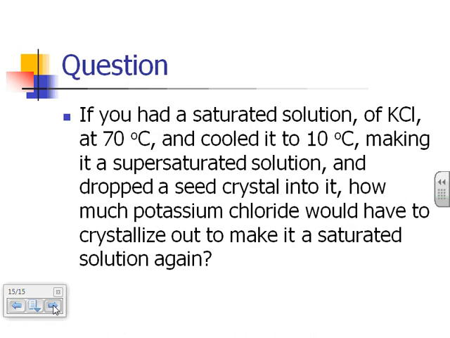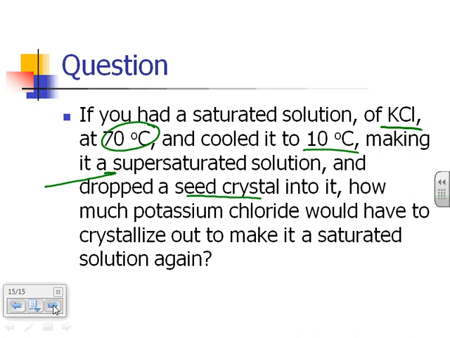Here's a question that you might see. We'll go back to our diagram in a minute. If you had a saturated solution of potassium chloride at 70 degrees Celsius, and it is cooled to 10 degrees Celsius, making a supersaturated solution, and you dropped in a seed crystal, what this means is that in a supersaturated solution, in order for that extra material to crystallize out, it needs something to crystallize onto.